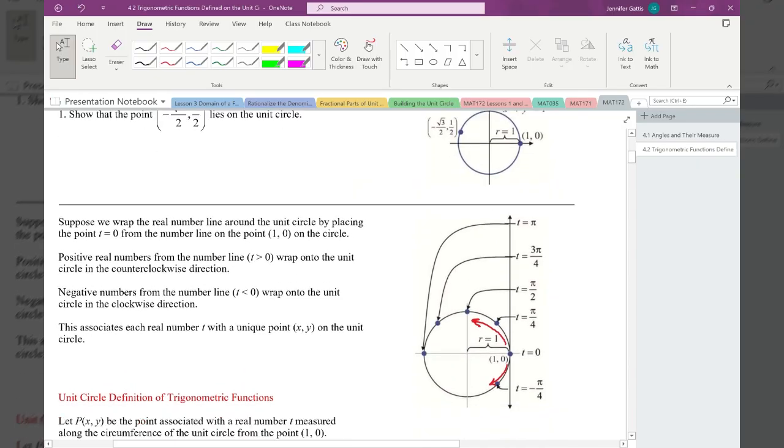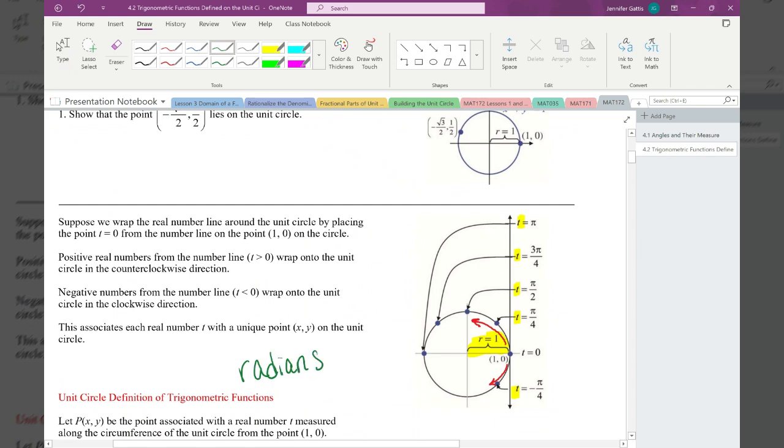Well, it's called the unit circle because the radius, if you notice here, is 1, and the arc length corresponding to any t value is equal to the angle in radians.